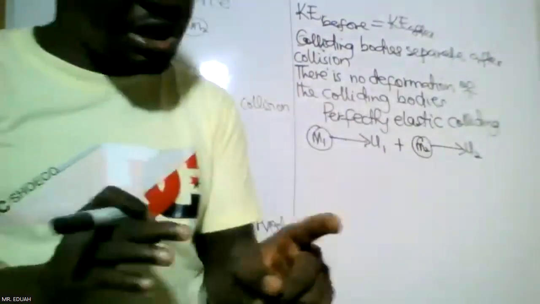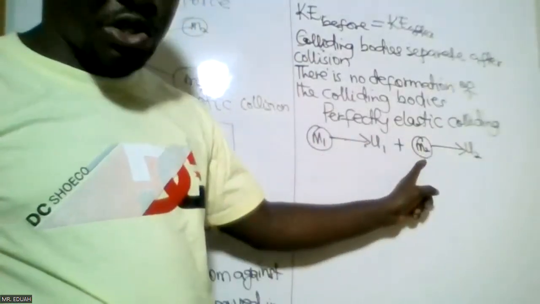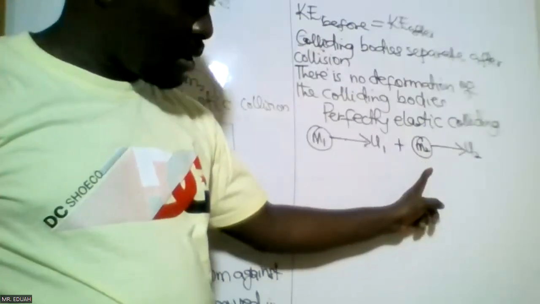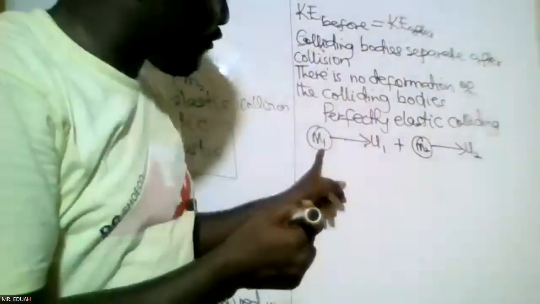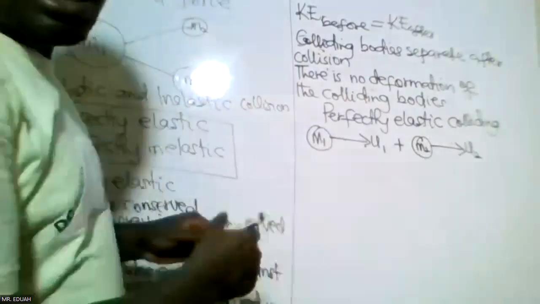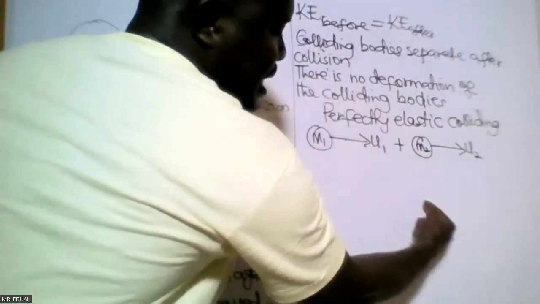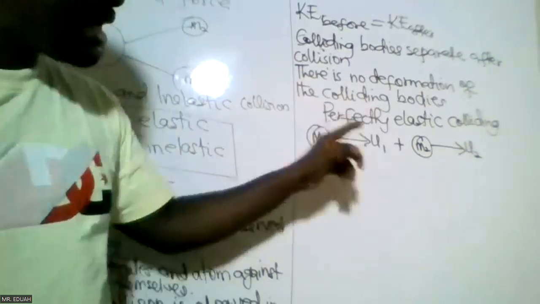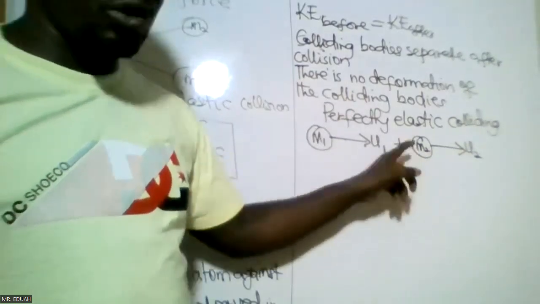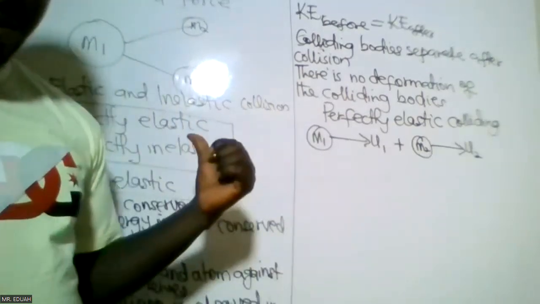And when such collisions take place, mass one exerts a force on mass two. So mass 2 will be pushed forward because of the force exerted by M1. And by Newton's third law, mass 2 would also exert the same reversal force on M1. So you realize that the speed of M2 would increase, whereas the speed of M1 would decrease.